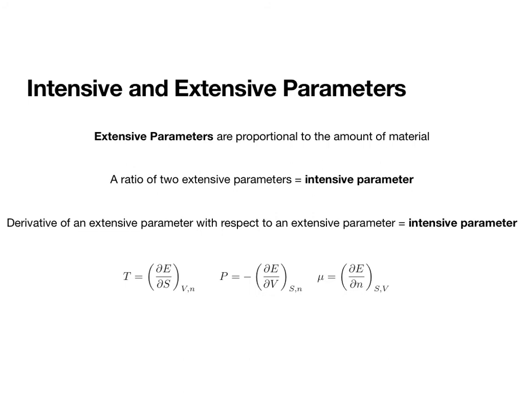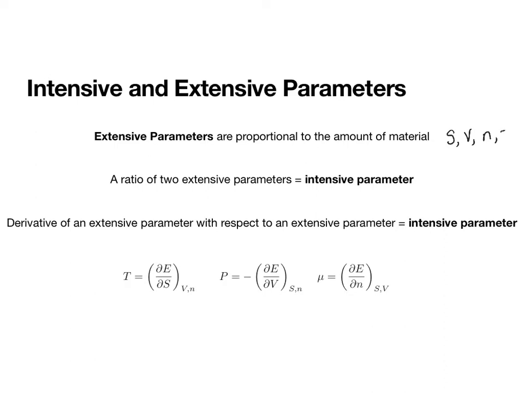So, back a few chapters, we talked about intensive and extensive parameters. Remember that extensive parameters are proportional to the amount of material. And so the important ones for us are going to be entropy, volume, and number of moles.